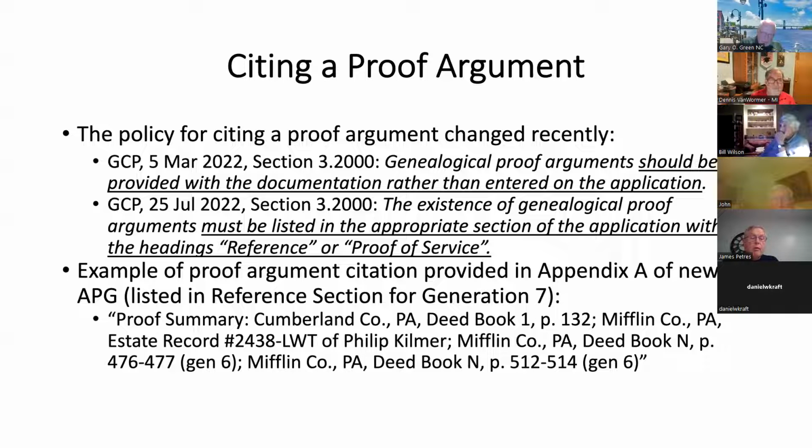Now, unfortunately, there is a conflict. We didn't quite get everything smoothed out in the APG. The policy is good. This example is good, but there's some wording that basically says you just put the title in and you don't have to put the documents in the citation.